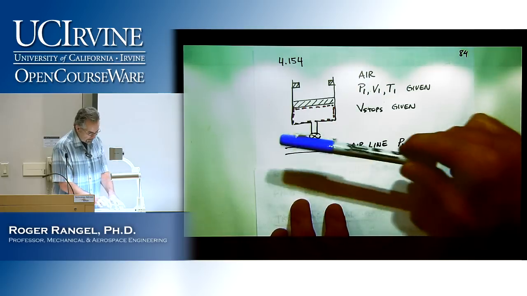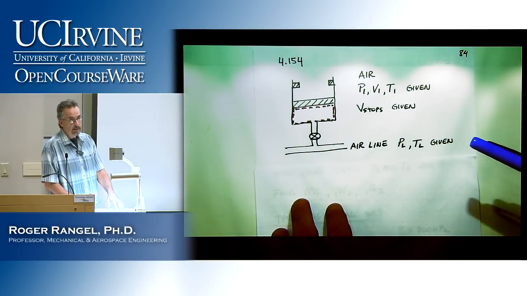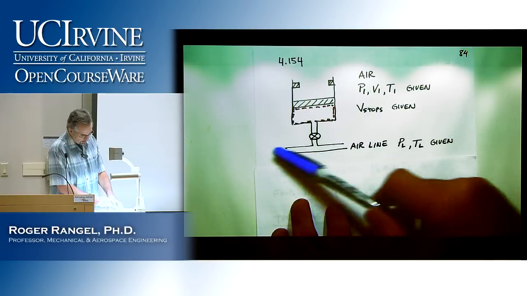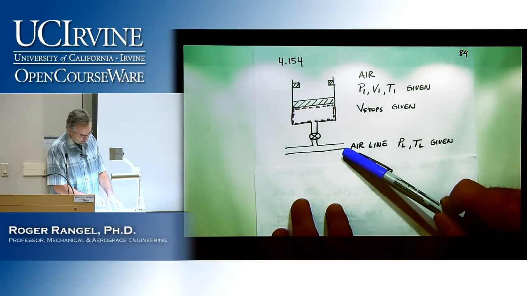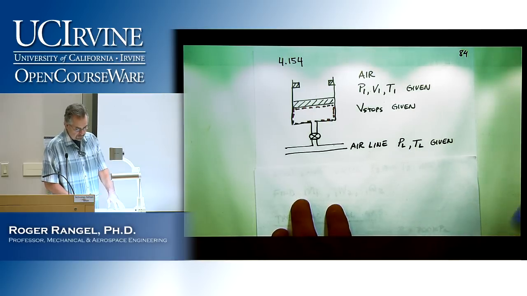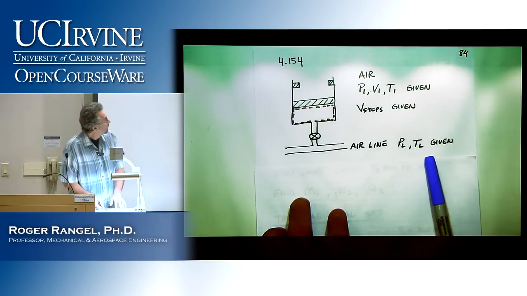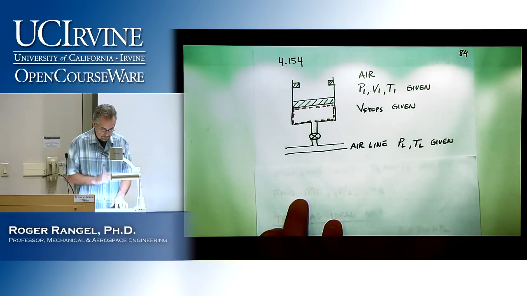Keep in mind that indeed the air that flows through the line is flowing in steady state. That is, I have a continuous flow of air along this pipe that is always at a certain pressure and a certain temperature, which are fixed. So I call them P sub L and T sub L, and I assume they're given. So I know those values.